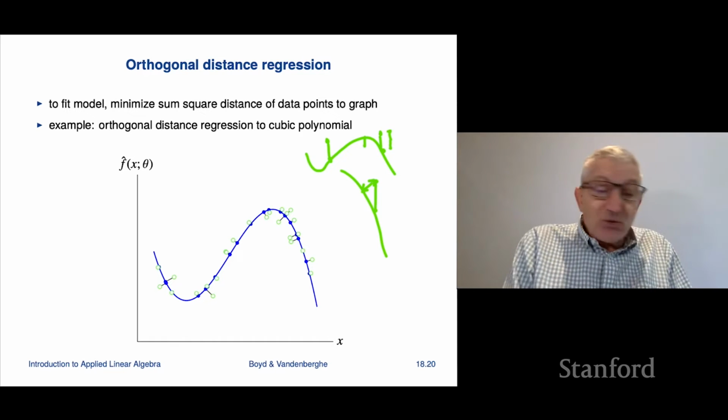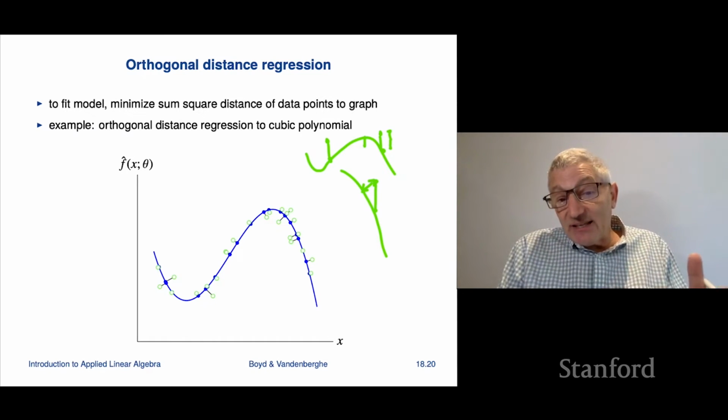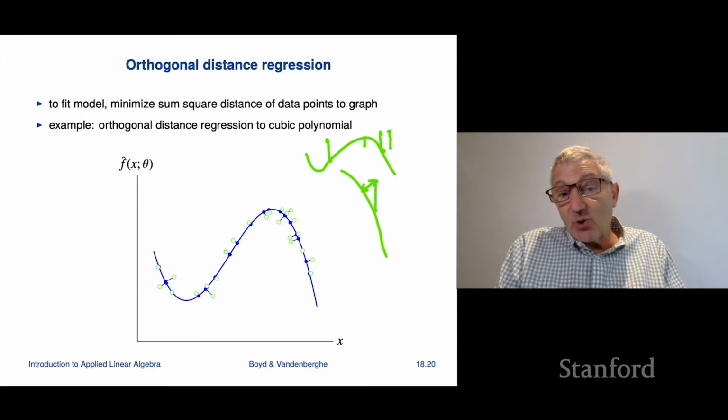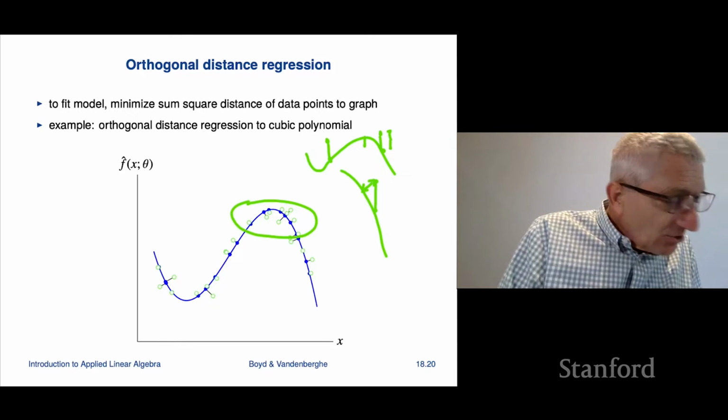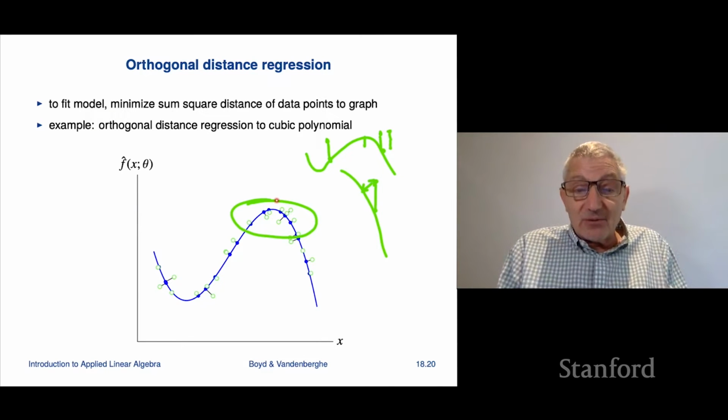This would be as if, in this case, you're not really thinking of this as a function. You're thinking of it more as a relation or a curve. This picture shows you how you would do that.